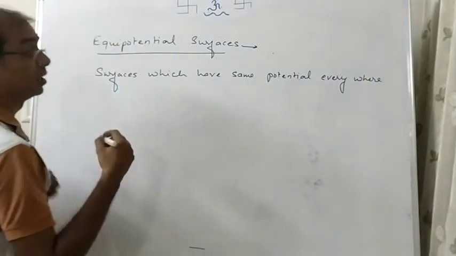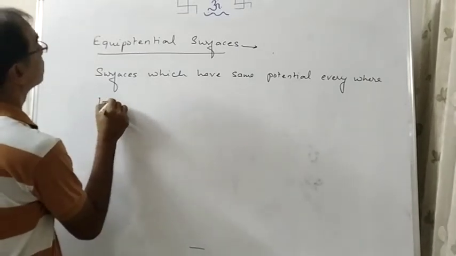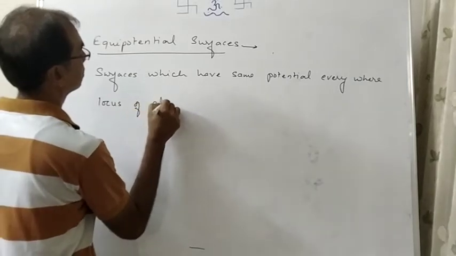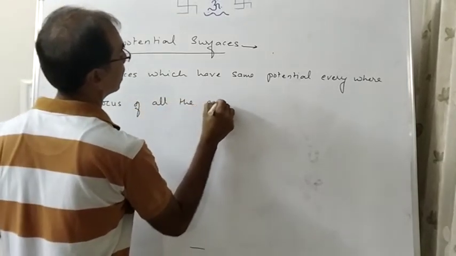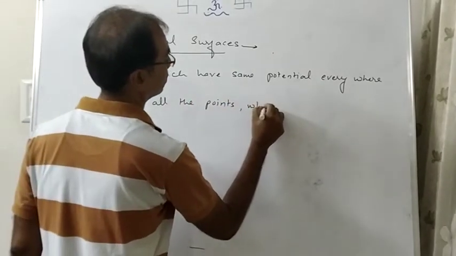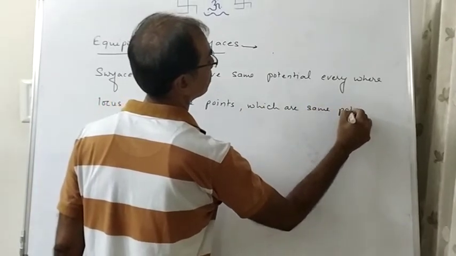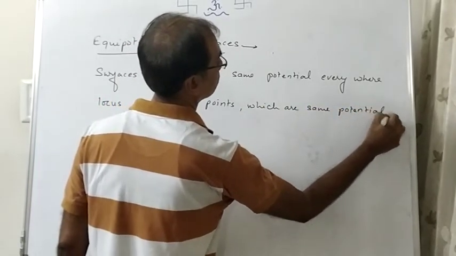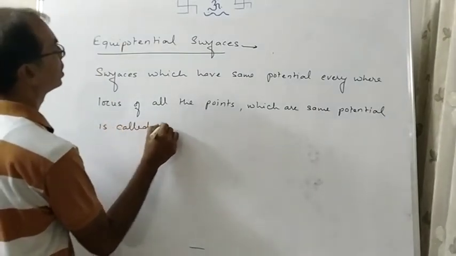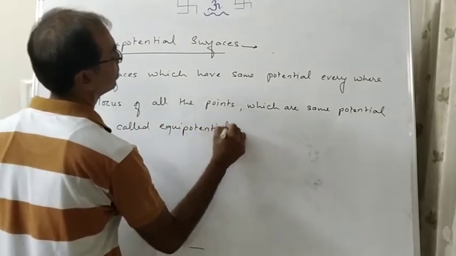Or the definition given in books is: the locus of all the points which are at the same potential is called an equipotential surface.